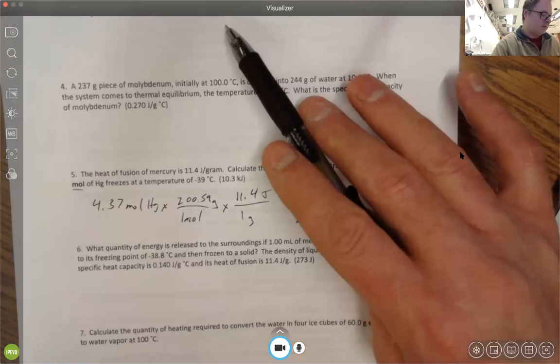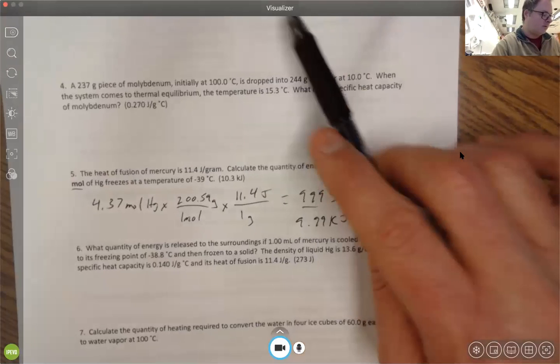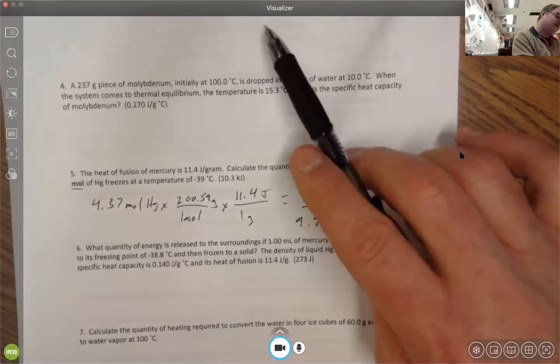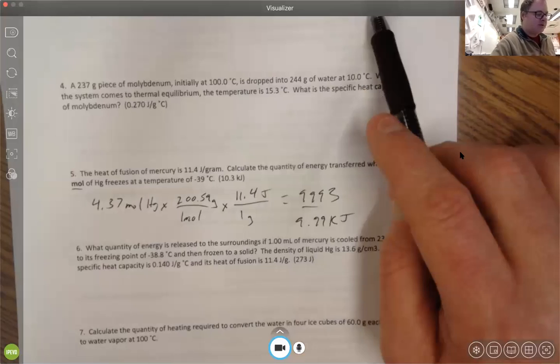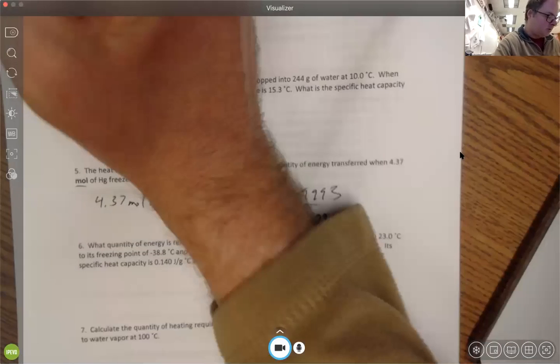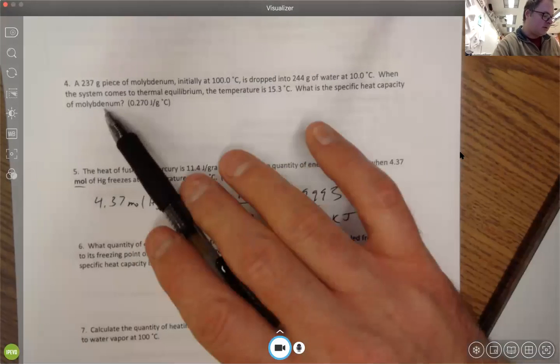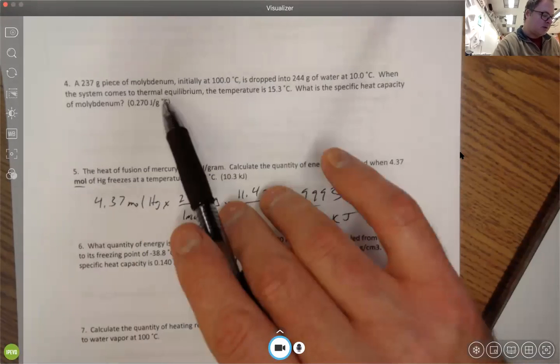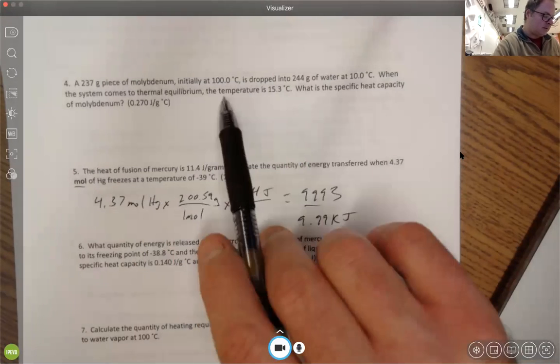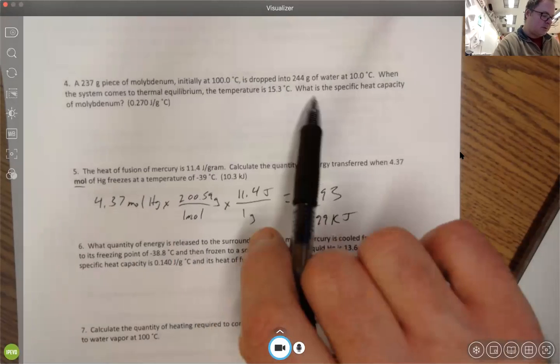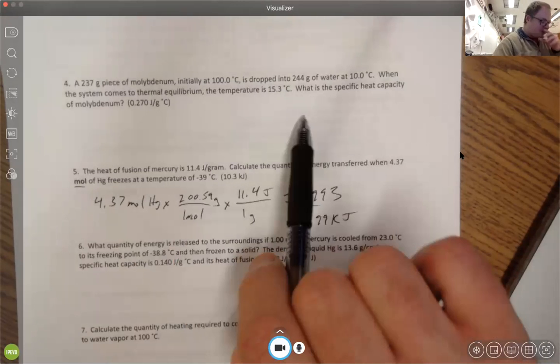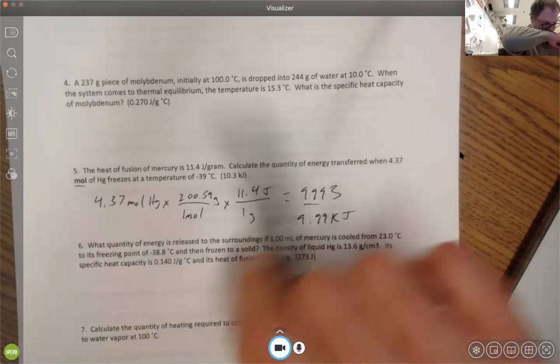What is the temperature of both the iron, and this one will be good to practice on your own because you're trying to find the final temperature. A 237 gram piece of, what is the specific heat canceling? Let's do one like this real quick.